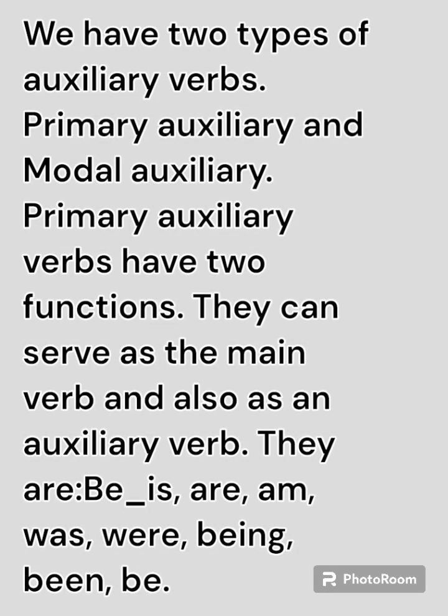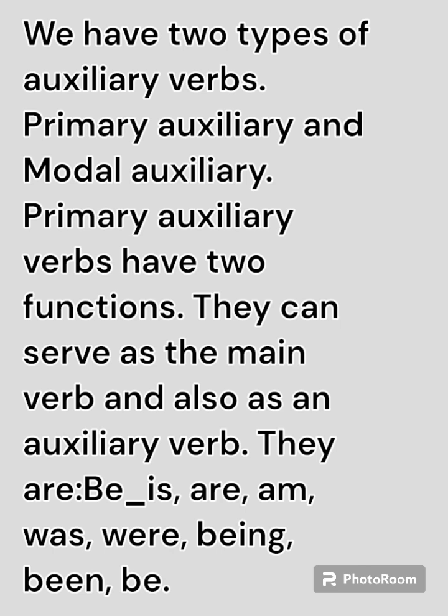We have two types of auxiliary verbs. We have the primary auxiliary verbs and the modal auxiliary verbs. Let's start with the primary auxiliary verbs. Primary auxiliary verbs have two functions.